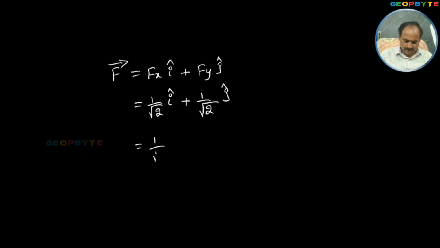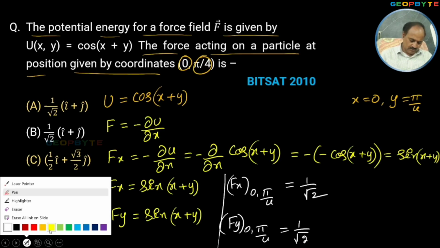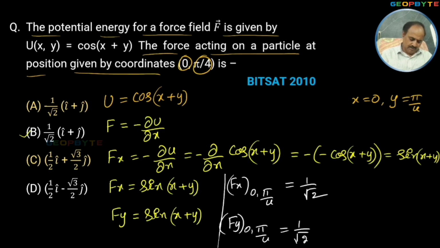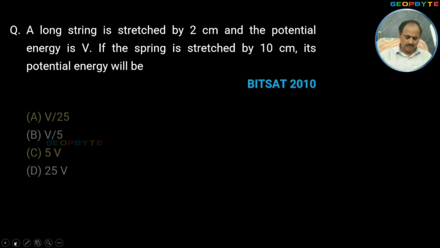Simplify this: 1 by root 2 into (i cap plus j cap). That is the answer. Look at the options. Option B is absolutely correct, 1 by root 2 (i cap plus j cap). Understood clearly? Simple problem.